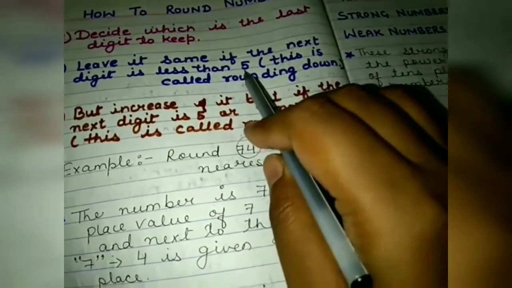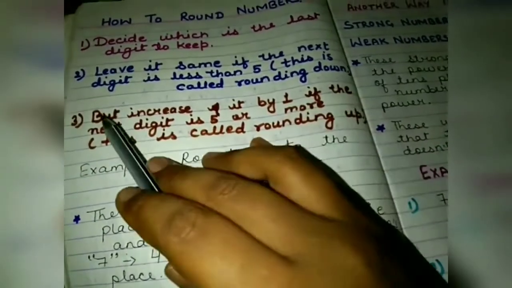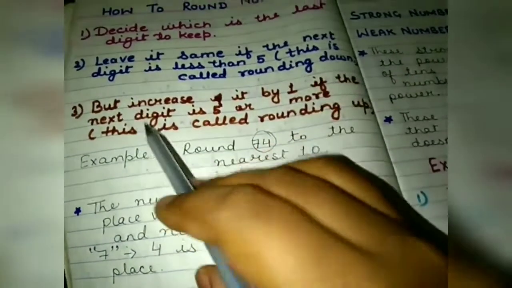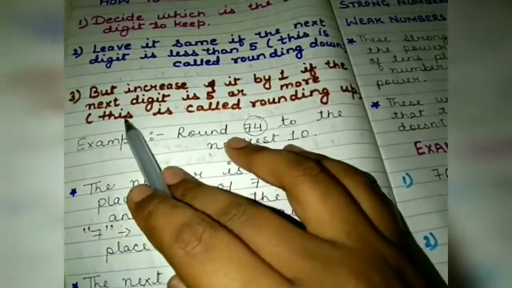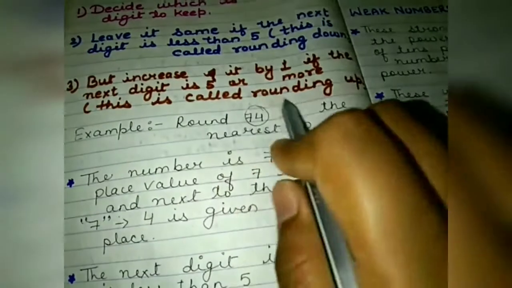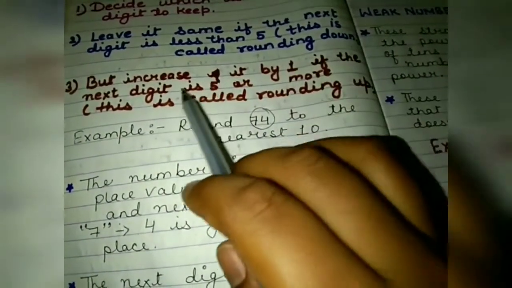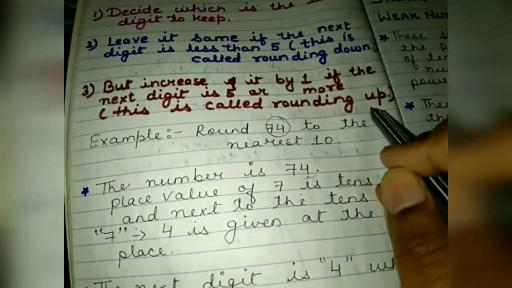But increase it by 1 if the next digit is 5 or more. This is called rounding up. Less than 5, rounding down; 5 or more than 5, rounding up.